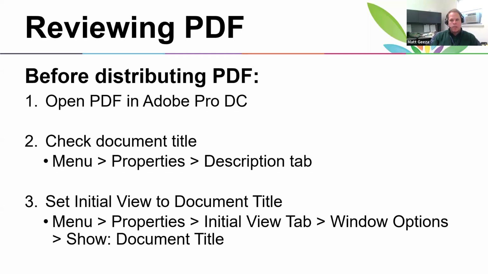So that's why we're confirming the document title is there. Document title or file name is also going to be the first thing that is read when somebody launches a file using a screen reader. So that's why we want to consider this.